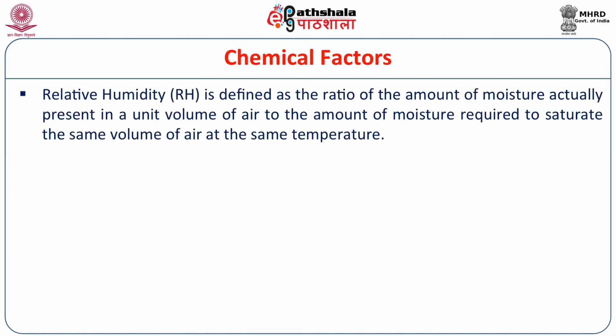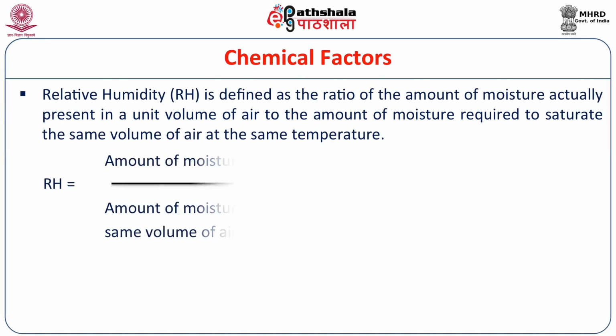We can define relative humidity as the ratio of the amount of moisture actually present in a unit volume of air to the amount of moisture required to saturate the same volume of air at the same temperature.